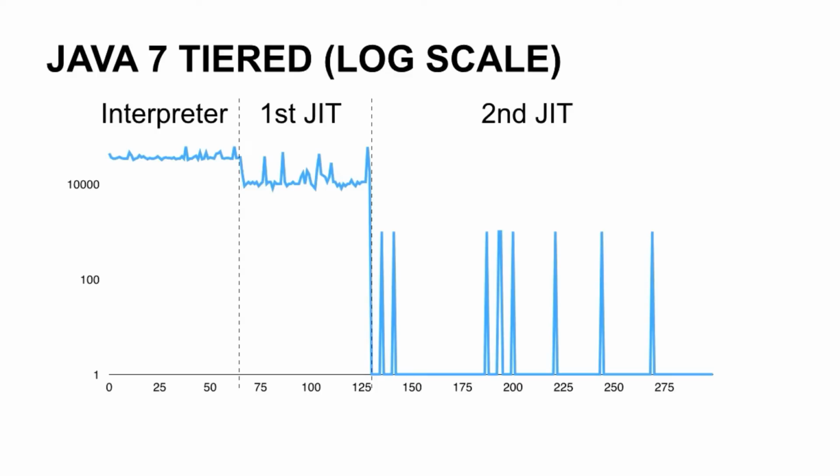And when we plot that run, our numbers start to look a little closer to what we saw in Java 8. We see an interpreter phase, we see a first JIT phase, and we see a second JIT phase. It still looks a little weird because of those multiples of 1,000 only.